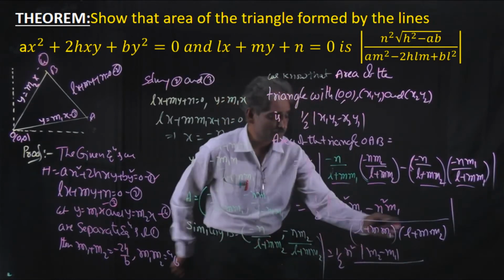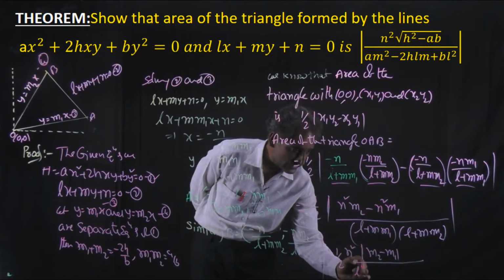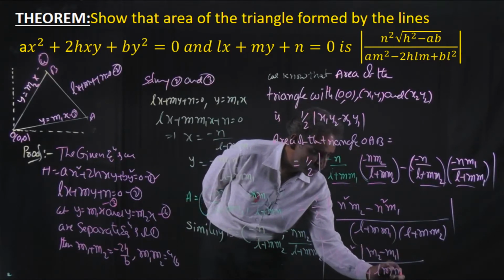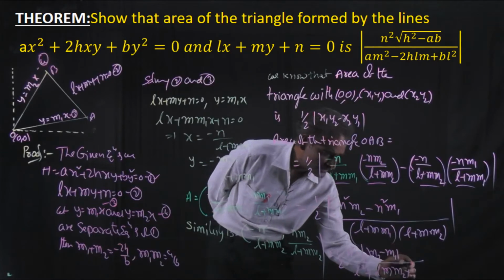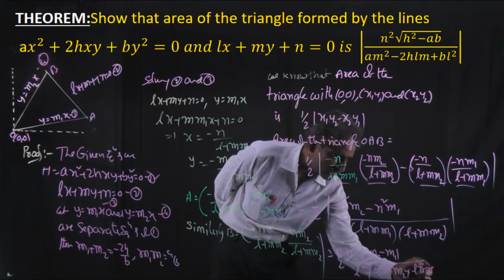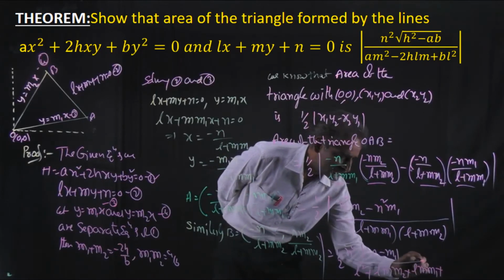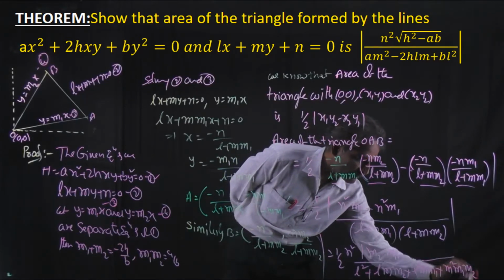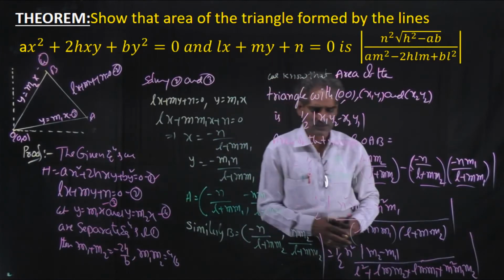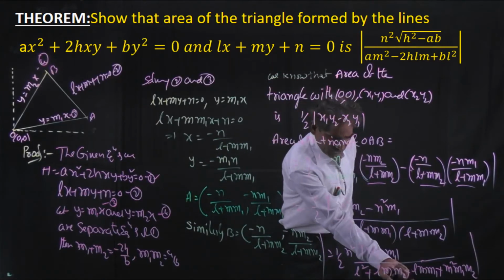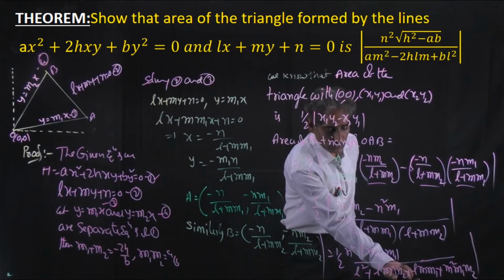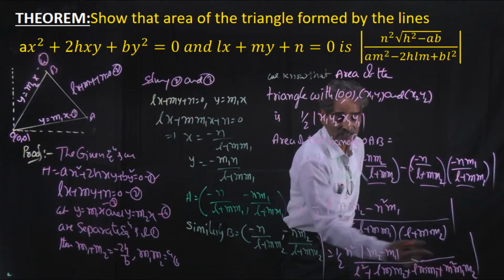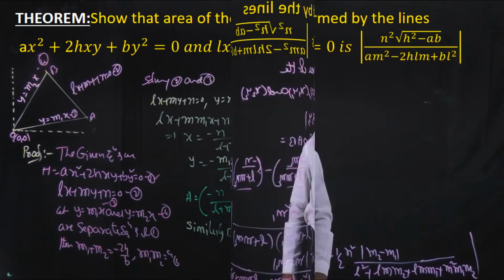So what is the multiplication? L square plus L m m2 plus L m m1 plus m square m1 m2. Just take L m common from these two, we will get m1 plus m2. We know the value of m1 plus m2, and m1 m2 also is there. We have to find out m2 minus m1.